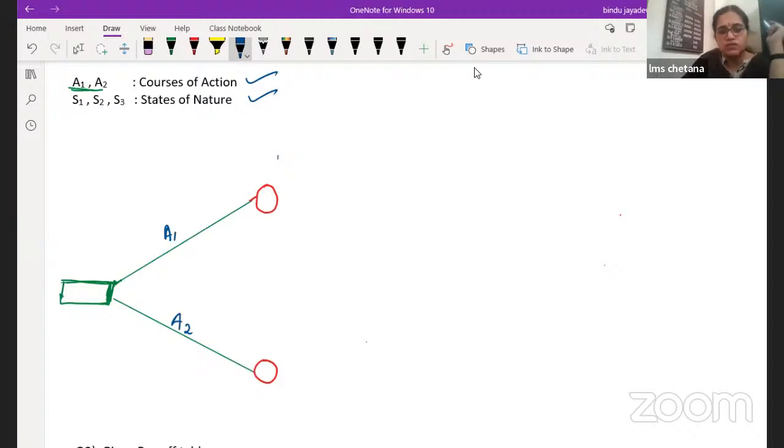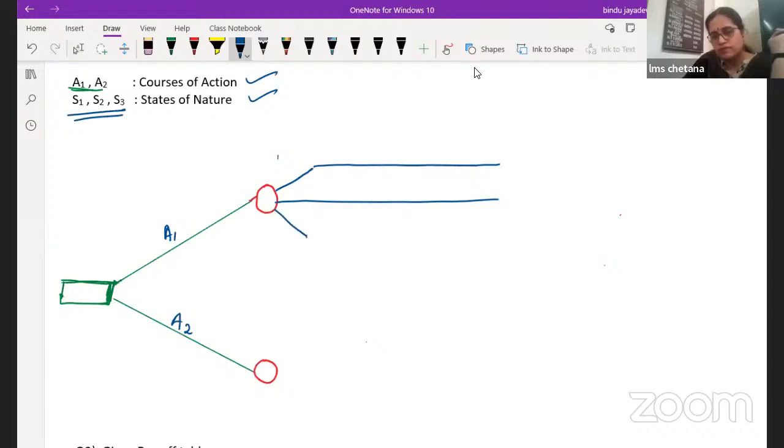After writing A1 and A2, how many states of nature are there? 3. That means you want to construct 3 lines starting from the circle. How do you construct? This way 1, middle way 1, and here down 1. There should be a little space because we need to write.